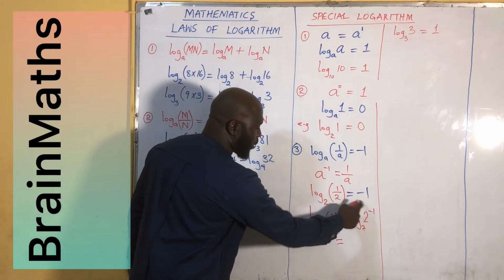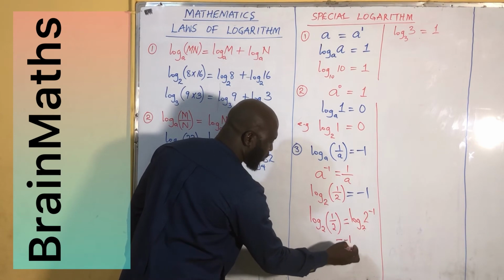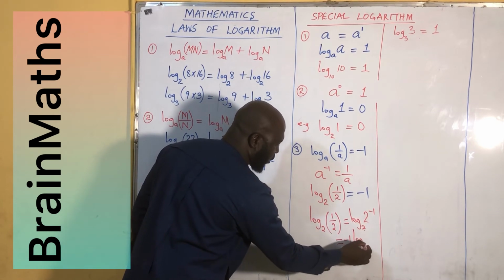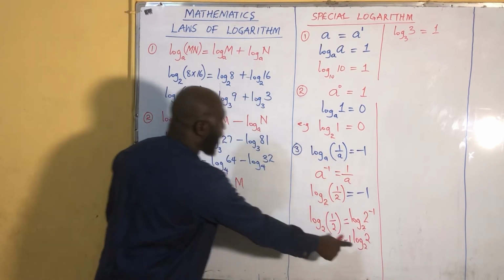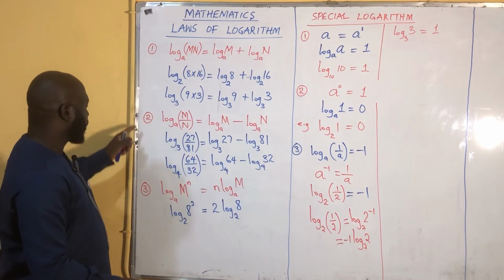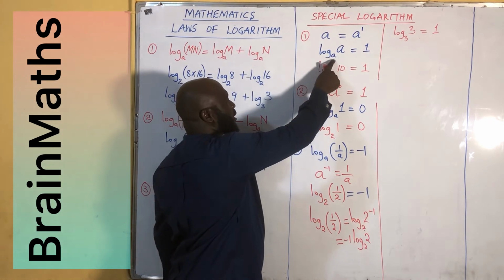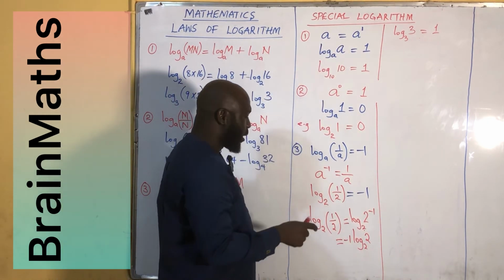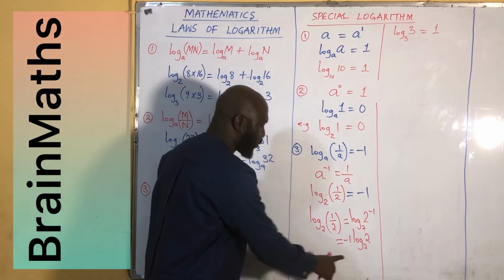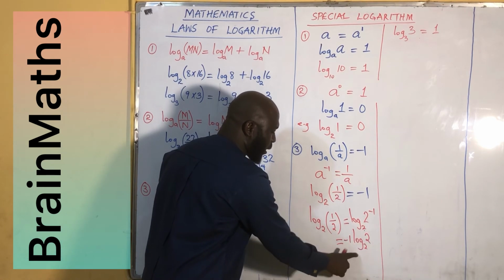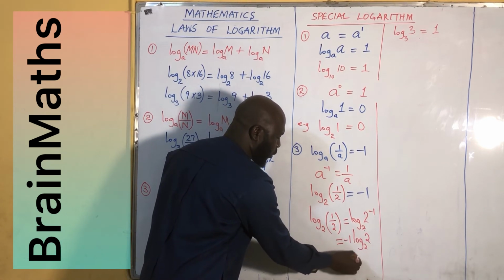So if this power comes down, we have minus 1 multiplied by logarithm in base 2 of 2. And if you still come back to what we have done here, we say whenever a logarithm is having the same base and the same power, it is equal to 1. So if this is equal to 1, then our answer will be what?